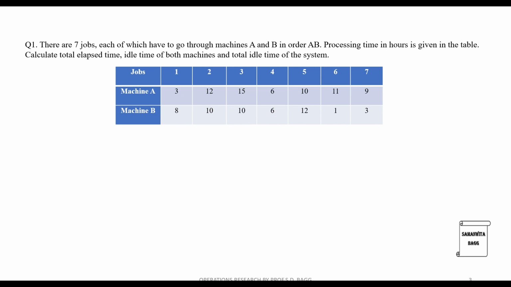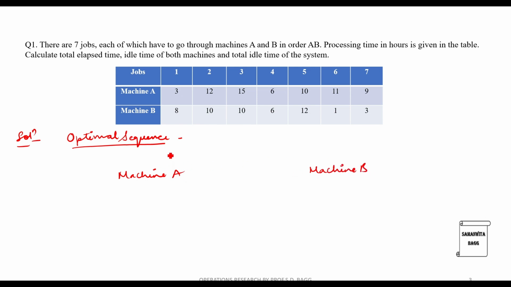Now we will start by first figuring out the optimal sequence. On this side we will write machine A, to the left, and to the right we will write machine B. That is because of the processing order, A and then B. Then I'll divide into 7 sections.